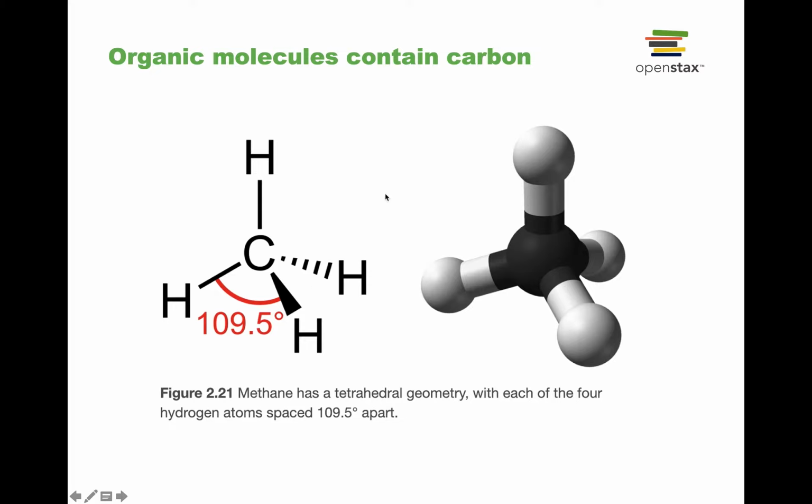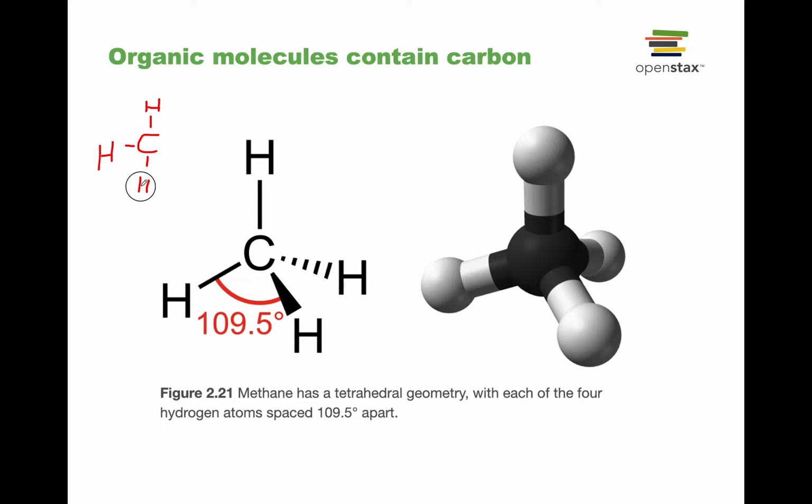And when we write the formula for molecules that are made of carbon, we usually write them in a planar form. So for example, for this, we usually write something like that. And then we write the hydrogens, and it kind of gives the impression that this molecule is sitting on a flat surface.